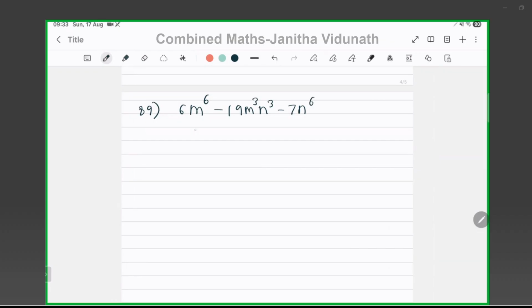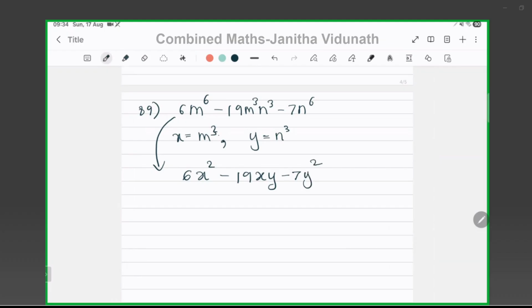Here, if we substitute m cube as x and n cube as y, we can rewrite this as 6 times x square minus 19 x times y minus 7 times y square.